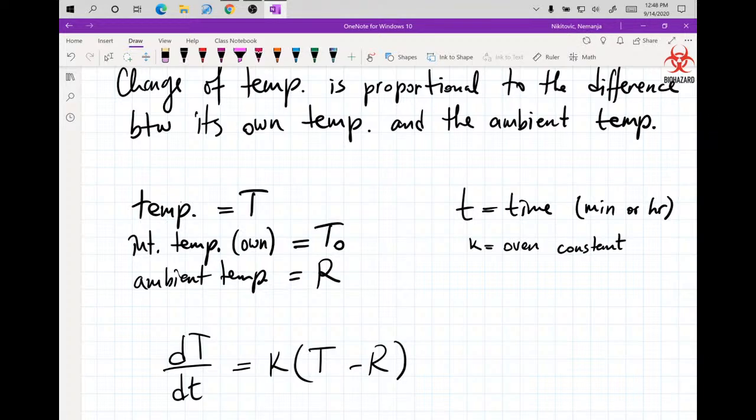This is not the temperature T0, the initial temperature. You will get T0 from the calculation later on, because that C will turn into T0. This is the temperature of the object at that moment, not the initial one.